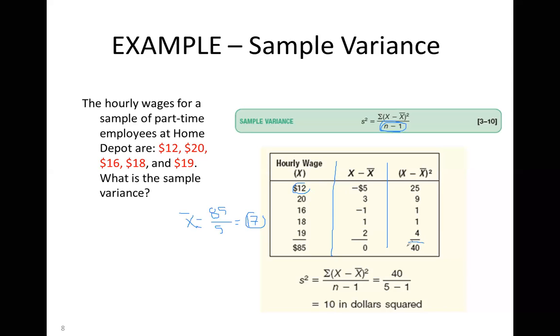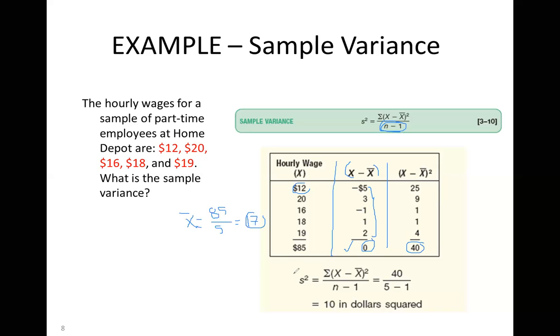At the end, adding them up will give you sigma x minus x bar squared. All the time, sigma x minus x bar equals 0. That's one of the main characteristics of the mean, that the sum of the deviations around the mean equals 0. And sigma x minus x bar squared is all the time positive. Now it's 40.